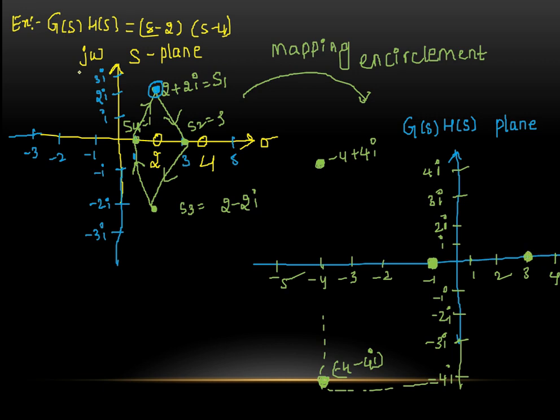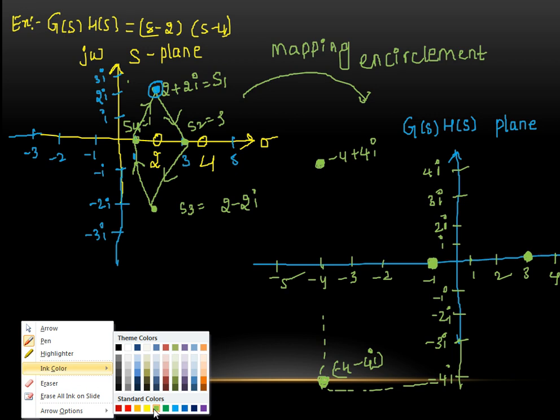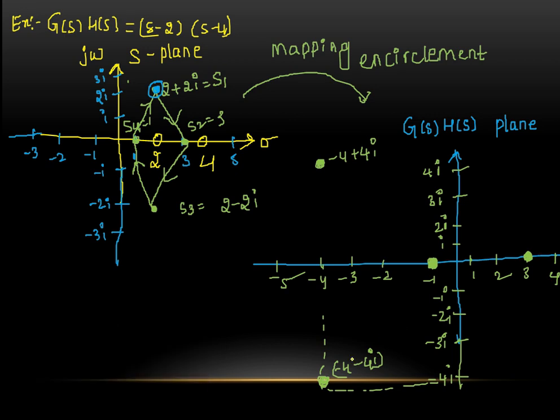So I am mapping the s plane into the G(s)H(s) plane. Now you can join all these points. When s1 equals 2 plus 2i, we are getting minus 4 minus 4i. When s2 equals 3, we are getting minus 1, and s2 to s3.